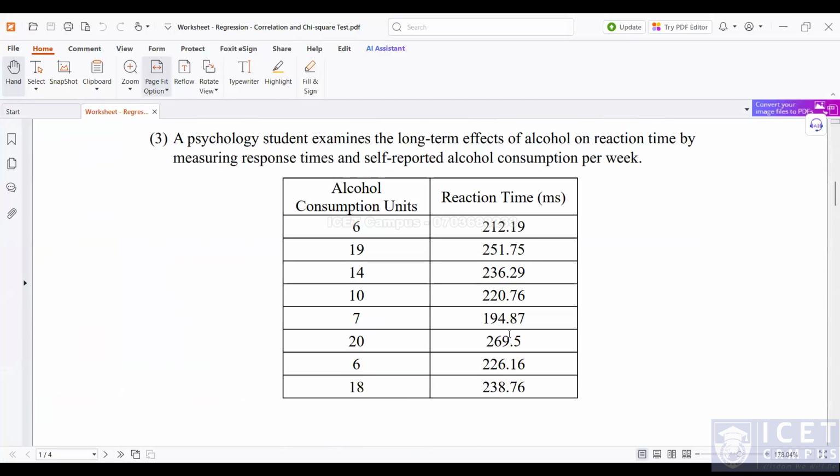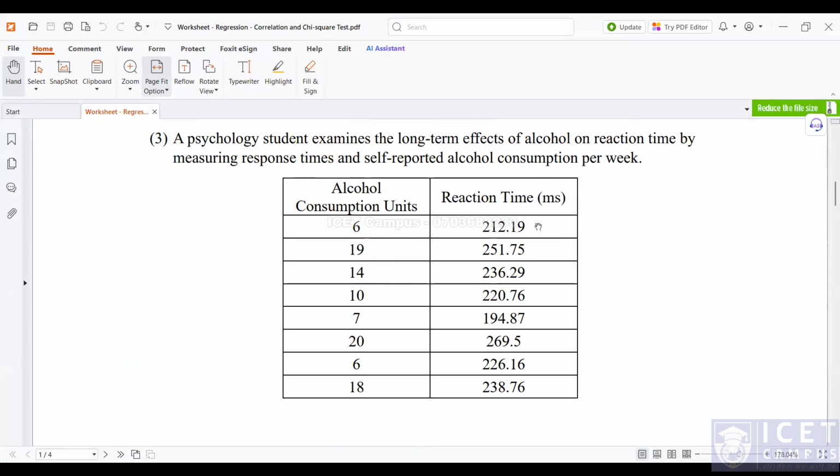Third question. A psychology student examines the long-term effects of alcohol on reaction time by measuring response time and self-reported alcohol consumption per week.